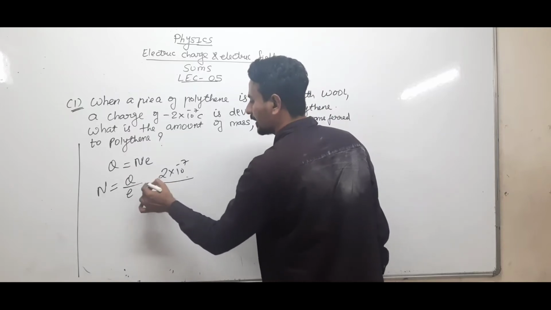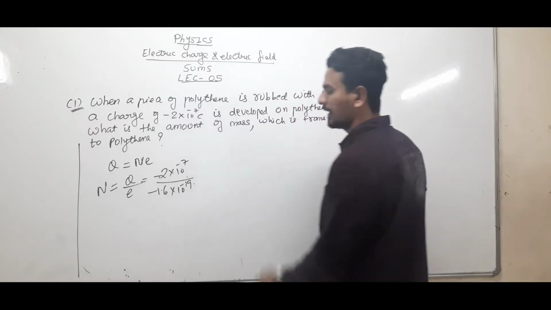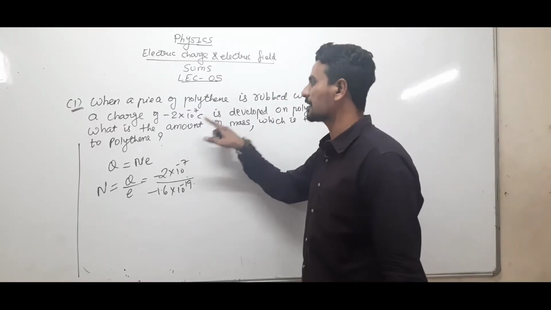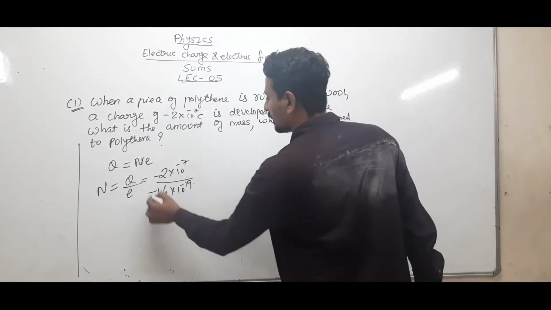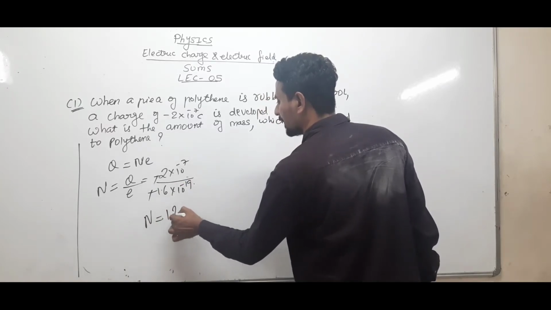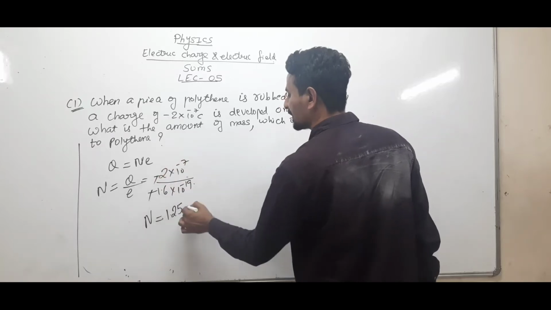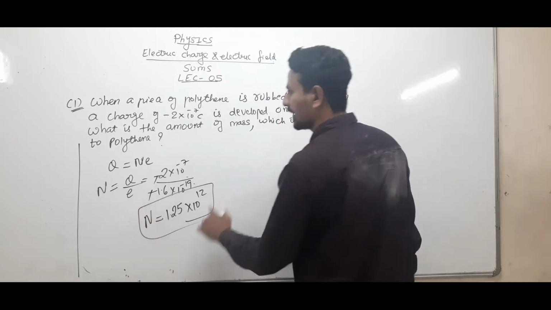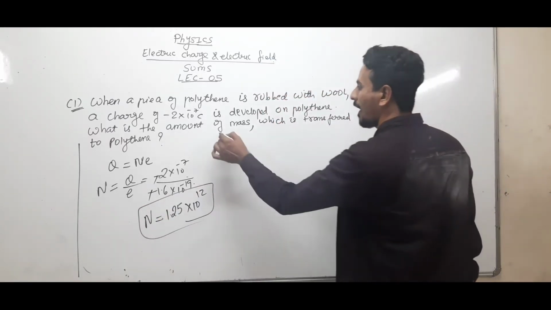That is also okay. First, we'll calculate the number of electrons which are being transferred, and then we'll calculate the amount of mass. The number of electrons comes out to be 1.25 into 10 raised to 12, right? So these are the number of electrons which are being transferred from wool to polythene.